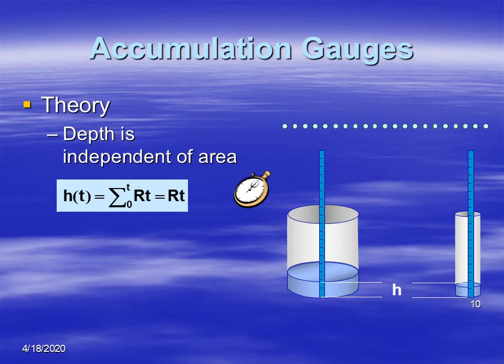And assuming that the rainfall rate is the same, then the depth of water in the garbage can and in the little test tube should be the same height, believe it or not. It's not a function of the area of the opening of the rain gauge, but it's a function of the rainfall rate and the time.